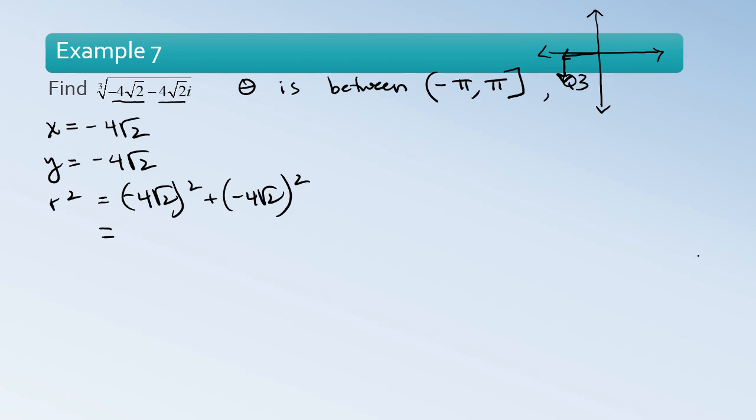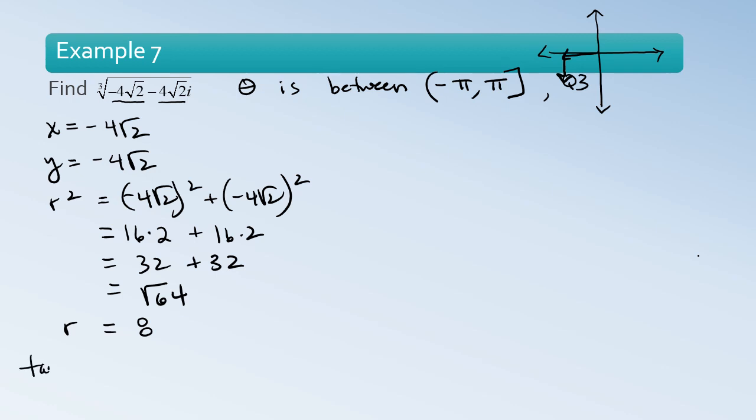Well, it's negative 4 times negative 4, which is 16, times root 2 squared, which is 2. And get that twice. So 32 plus 32, I get the square root of 64. So taking the square root of that, I get a radius of 8. That's a nice number.